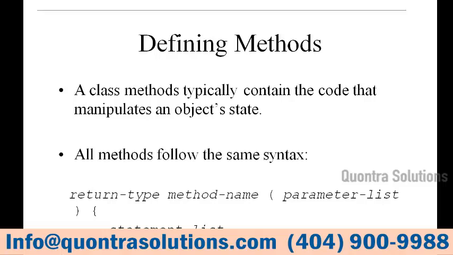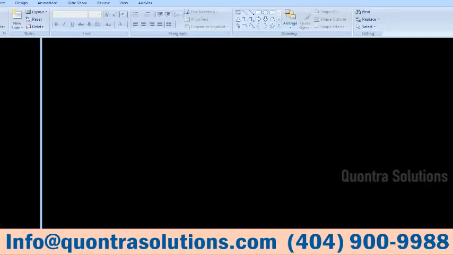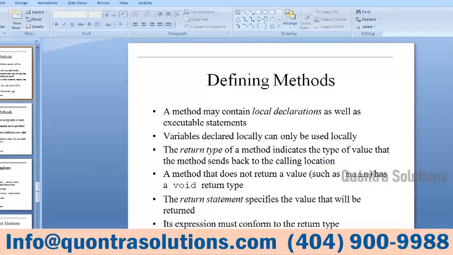You have methods with the following syntax: the return type, the method name, the parameters list, and the statements list. A method can take from 0 to any number of parameters. For example, a method may contain local declarations as well as executable statements. So with respect to local declarations, consider this constructor as your method.